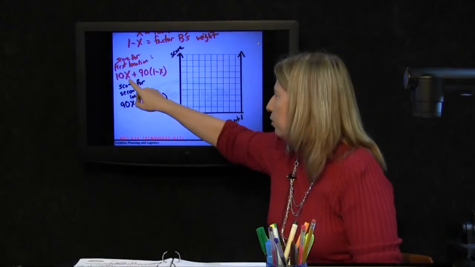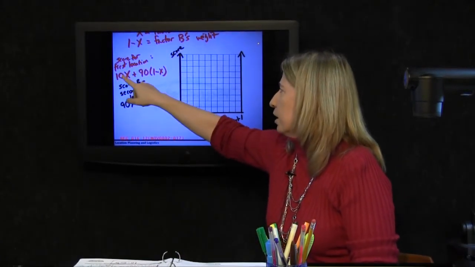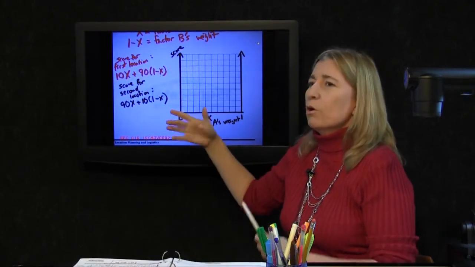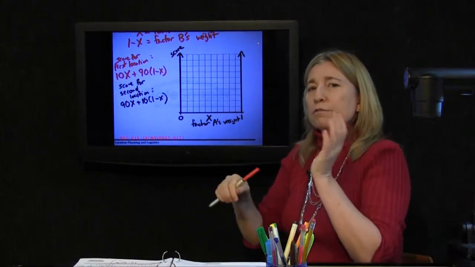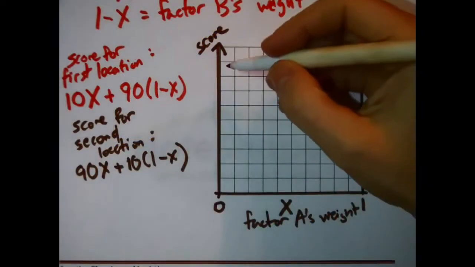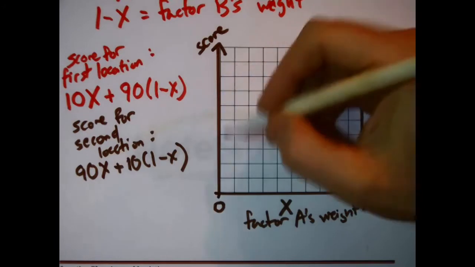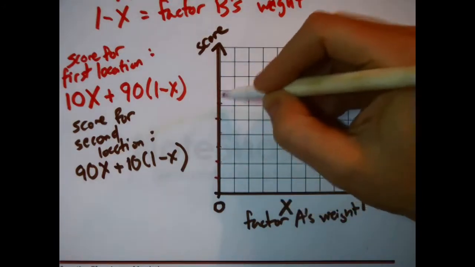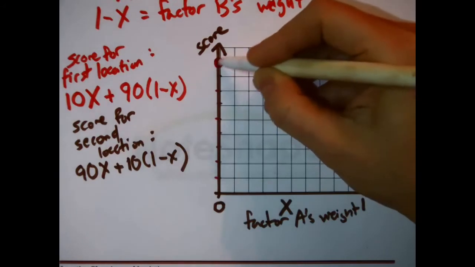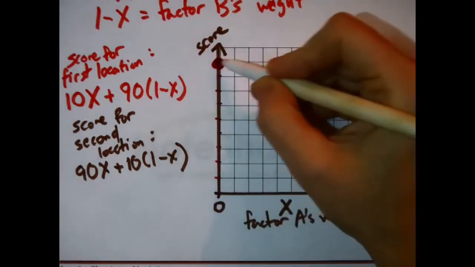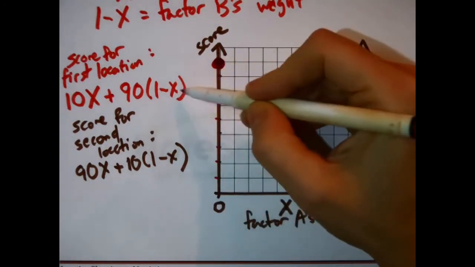We'll put in a 0. 10 times 0, you'd get nothing from that. Plus 90 times 1 minus 0, right, you get all the credit for the other factor. The score that the first location would earn would be, let's see, 10, 20, 30, 40, 50, 60, 70, 80, 90. Would be 90. I'm going to mark that, right? If the weight was 0, the score would be 90. That's what would result from this expression.